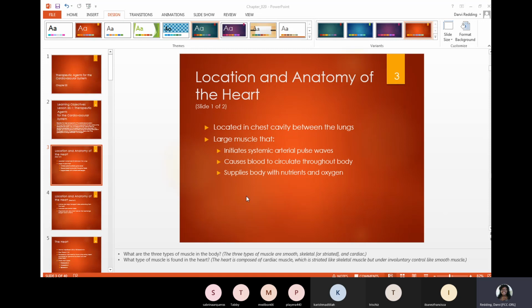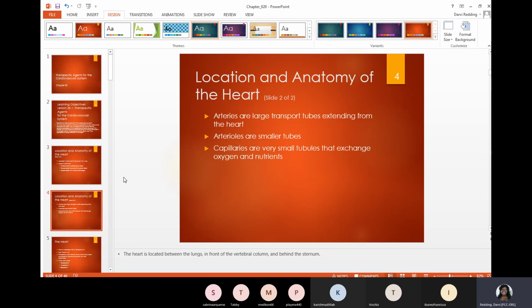So now that we've gone into a little bit of how the heart is a certain type of muscle, we'll continue learning about the anatomy and the location of the heart. Inside of the heart, it also has some arteries that are large, transport tubes that extend from the heart.